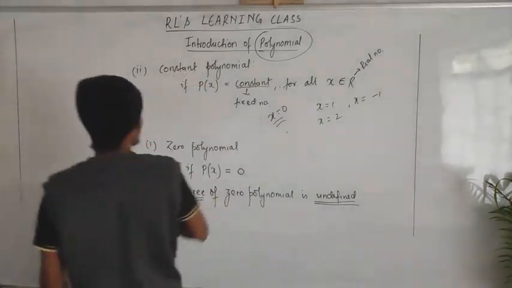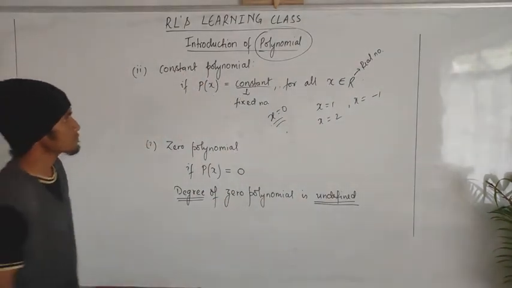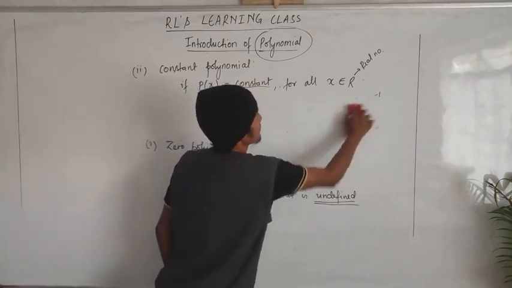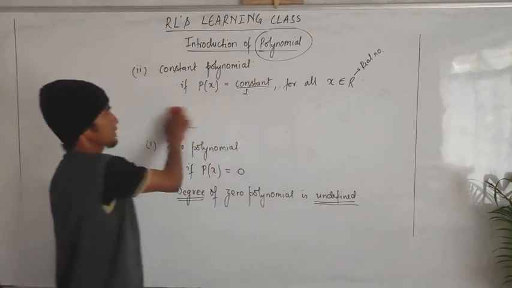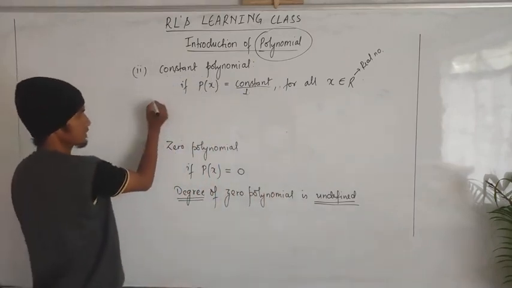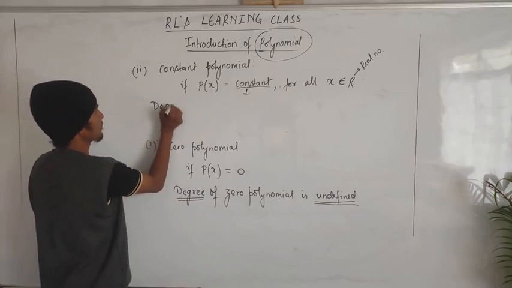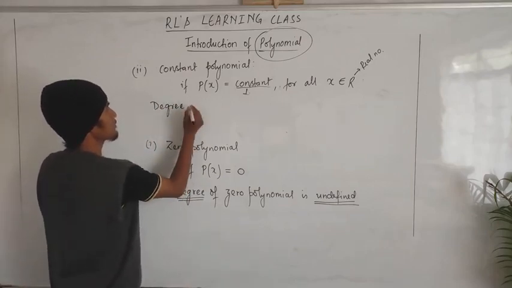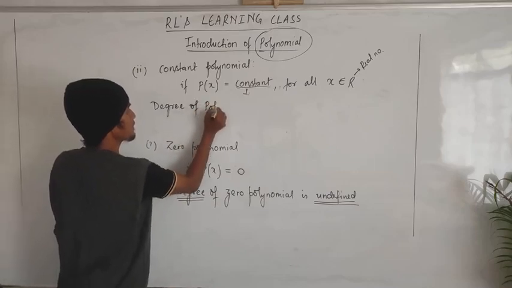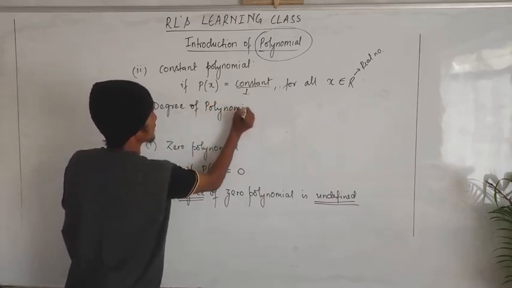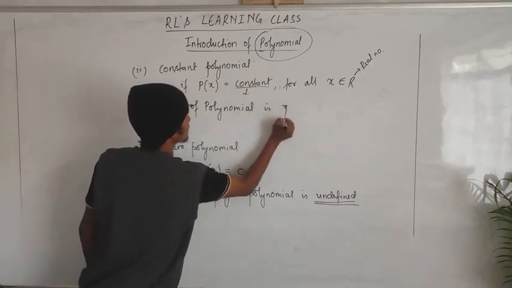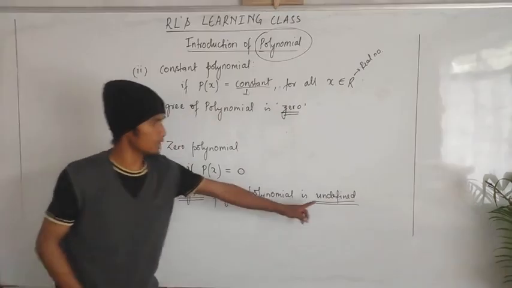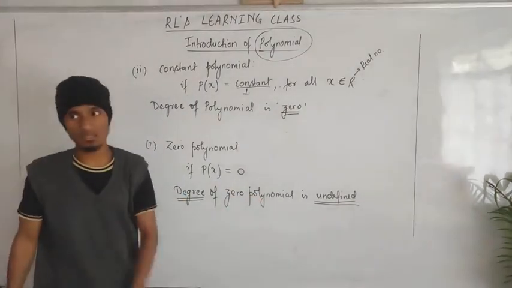Then we call that a constant polynomial. And the degree of a constant polynomial is 0, whereas the degree of the zero polynomial is undefined.